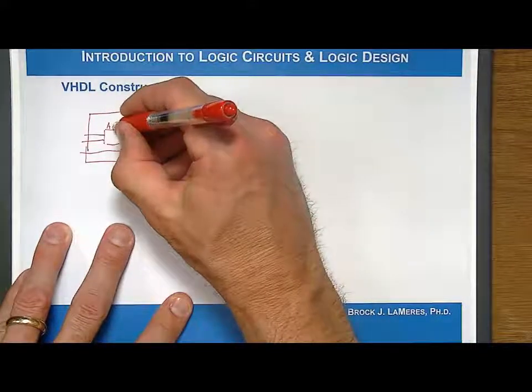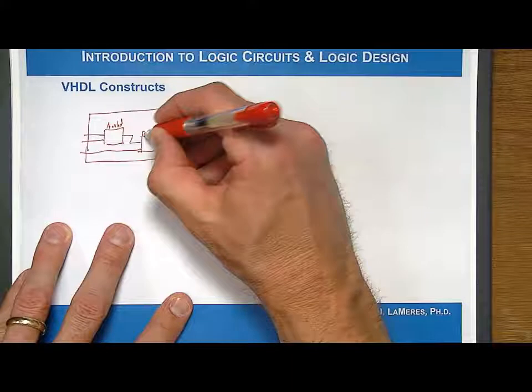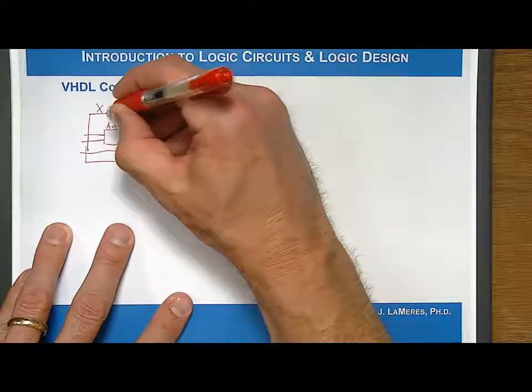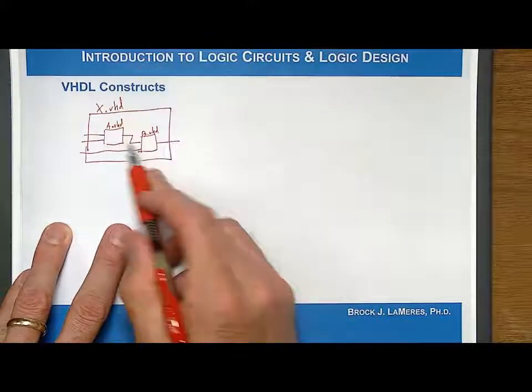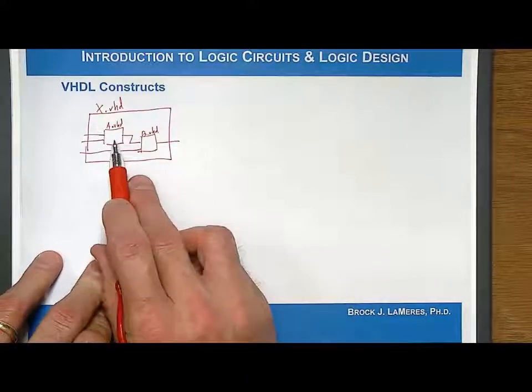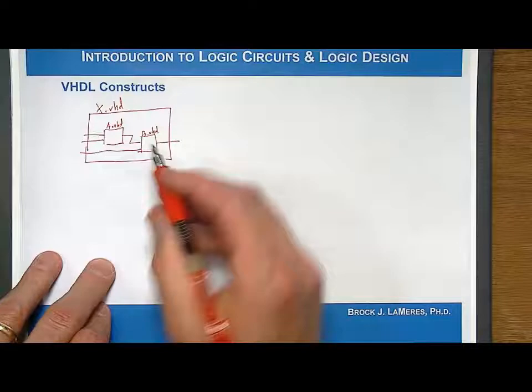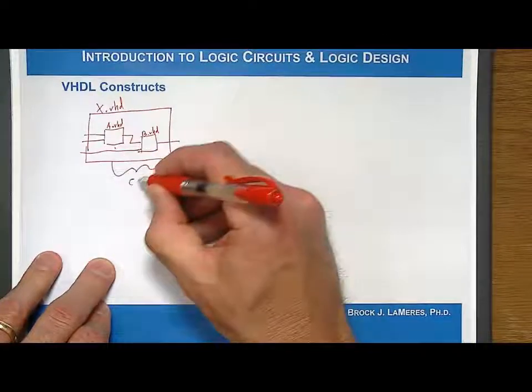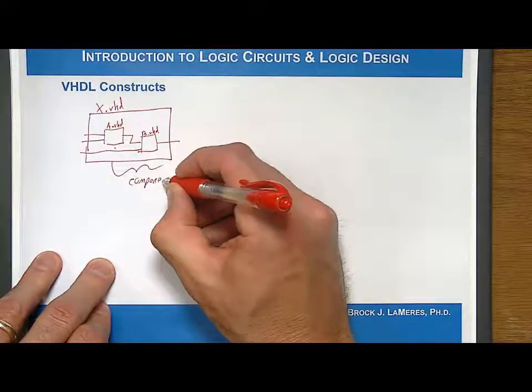This might be a VHDL file, and this might be a VHDL file, and this is a VHDL file. Well, this is fine, you can absolutely do this. You can instantiate these lower level VHDL files, but the way you do it is these are considered a component within the higher level VHDL file.